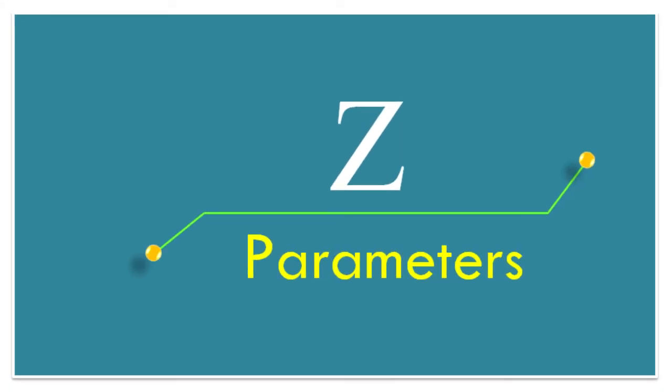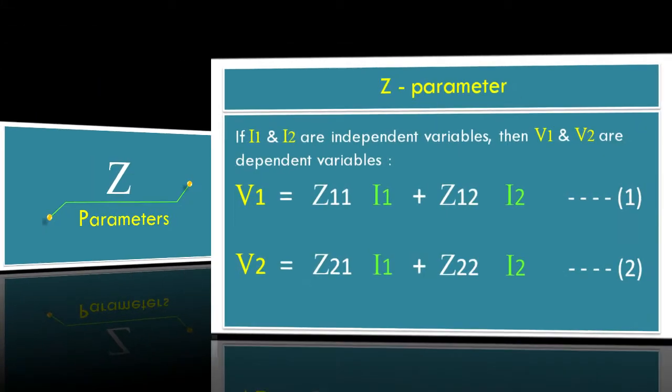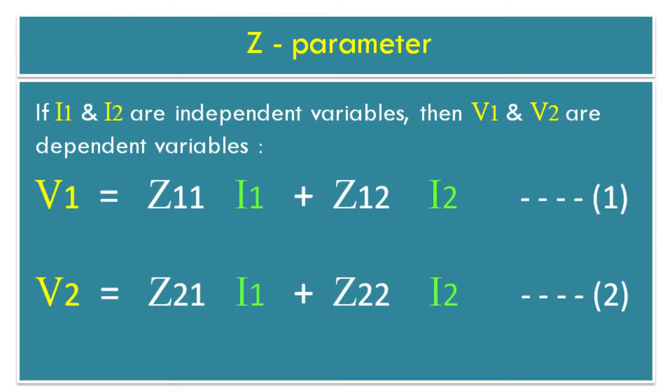Let's study the representation of Z parameters. If currents I1 and I2 are independent variables, then voltages V1 and V2 are dependent variables.